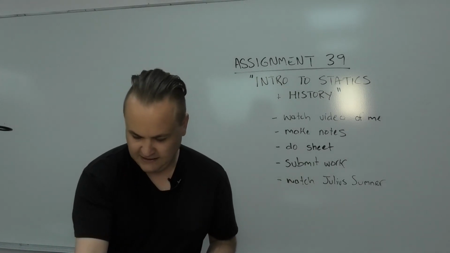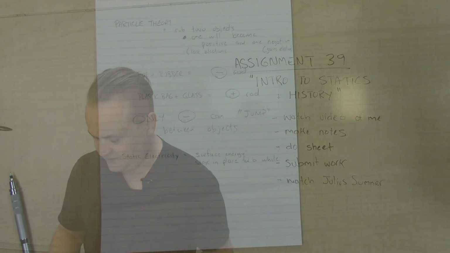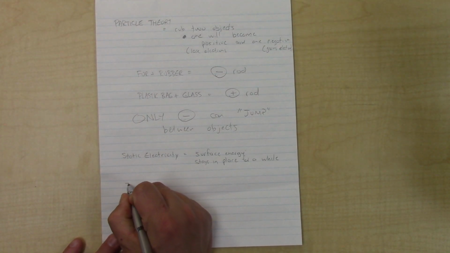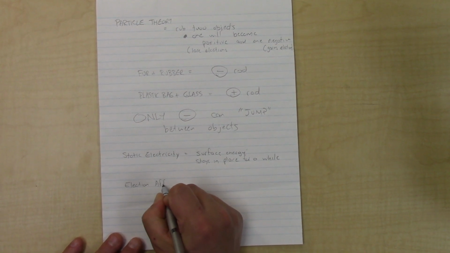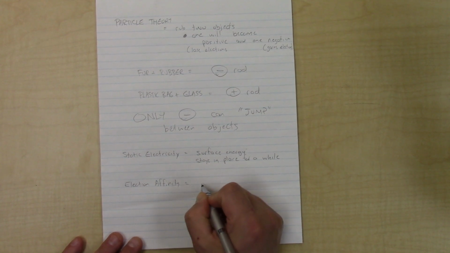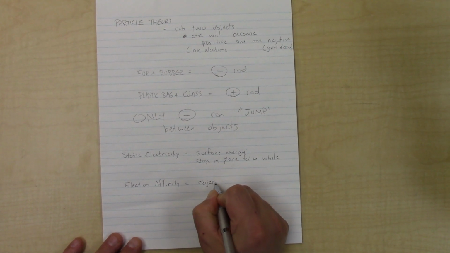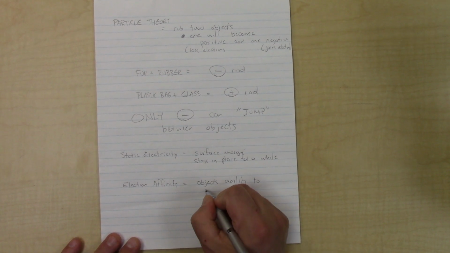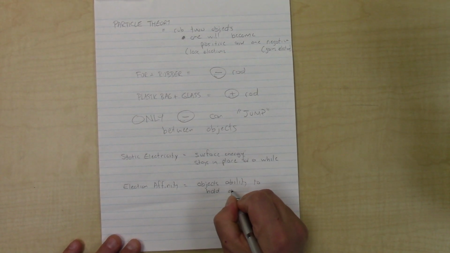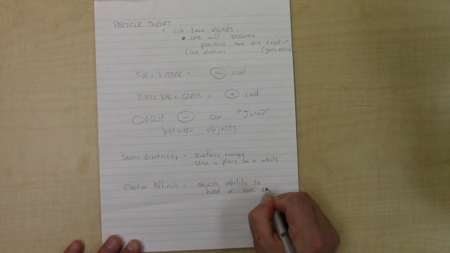Nothing too crazy, right? So let's just go to the document, Cam. Electron affinity equals an object's ability to hold or lose electrons.